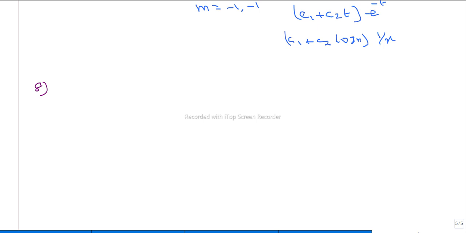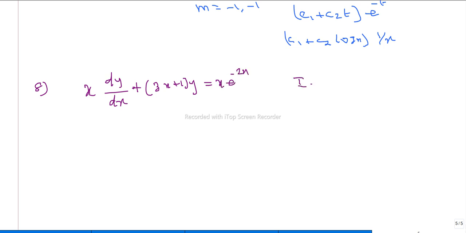Eighth or something. So what is the integrating factor of x dy by dx plus (3x plus 1) into y equal to x into e power minus 2x?